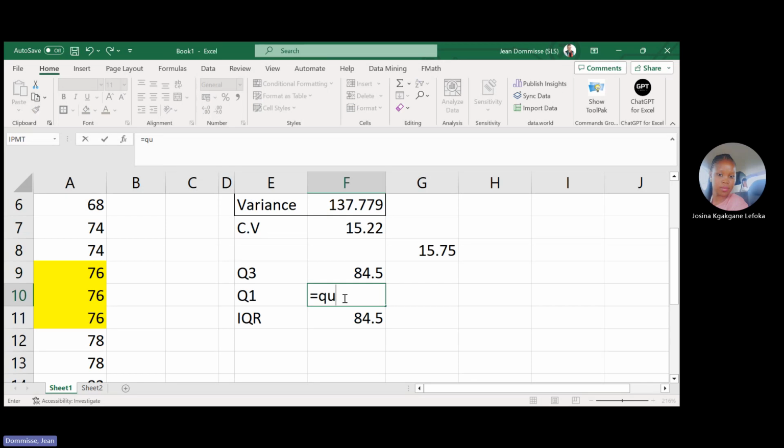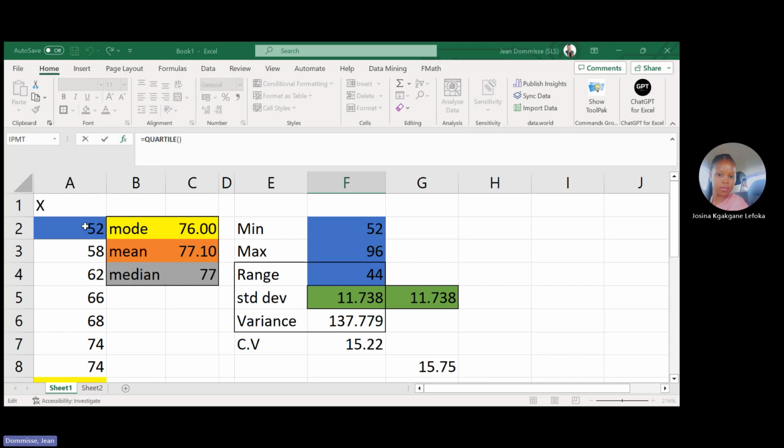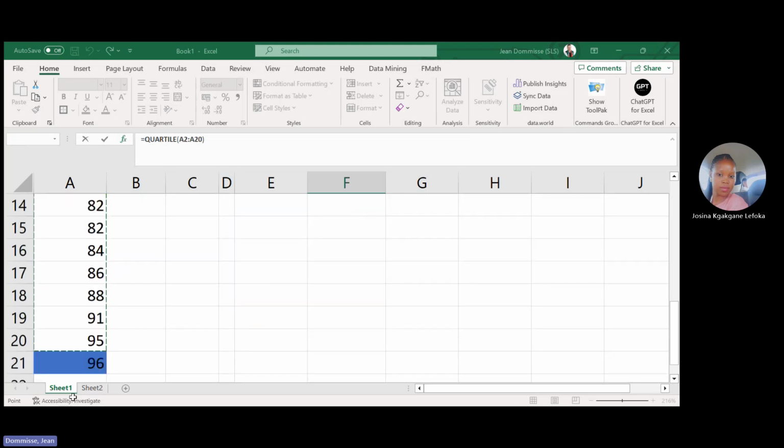The same if you look at the first quartile, which we had as around 66, I think.